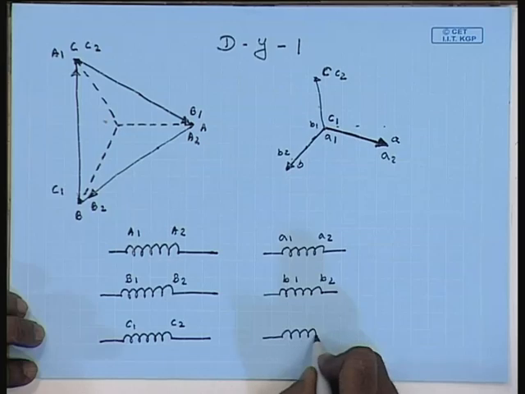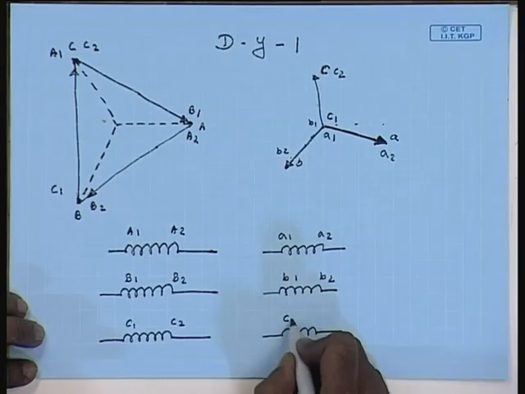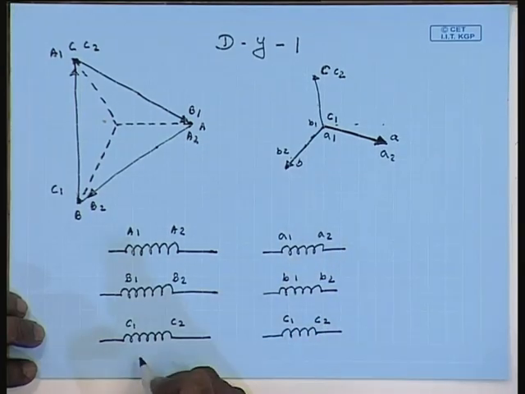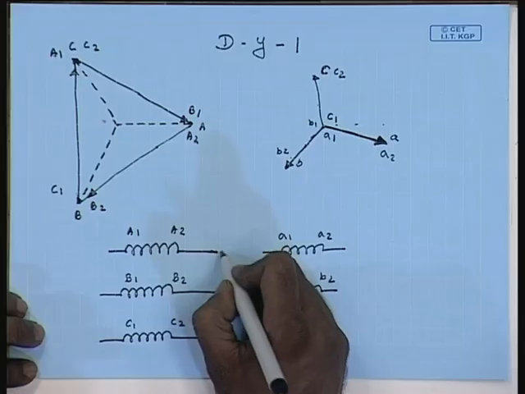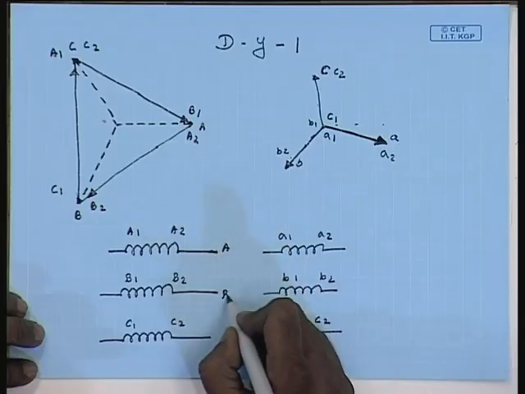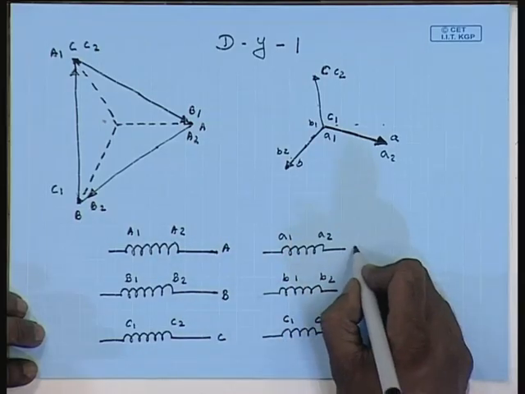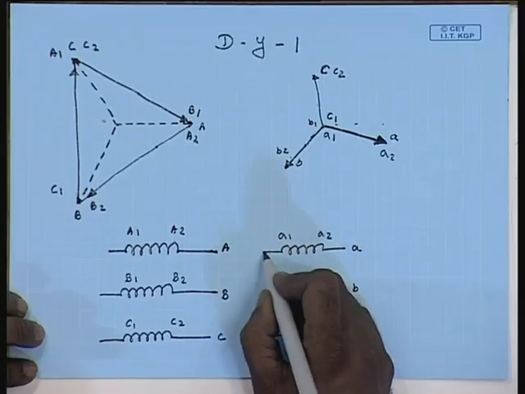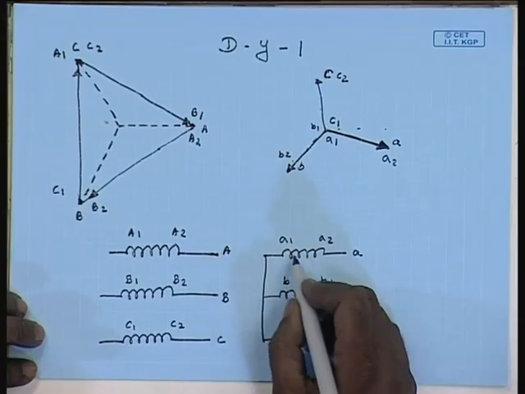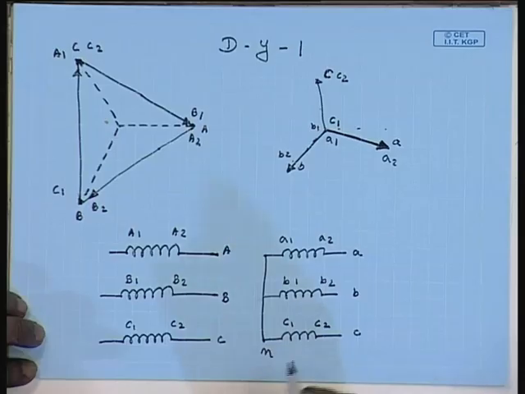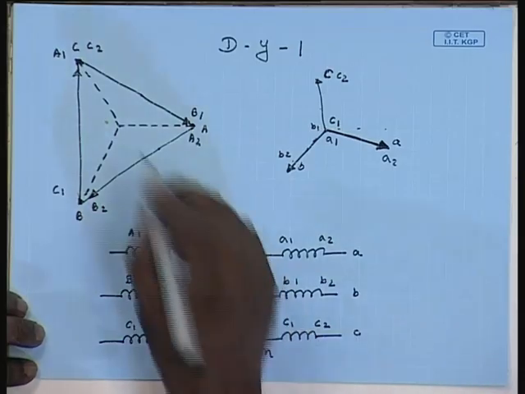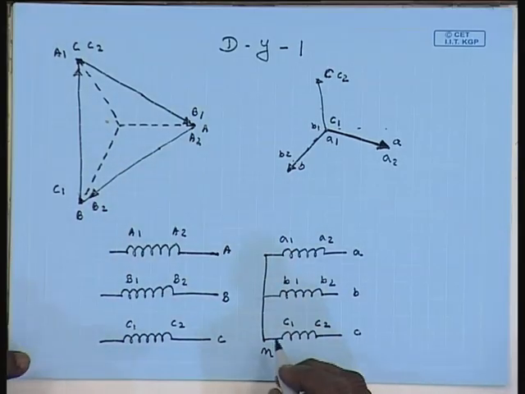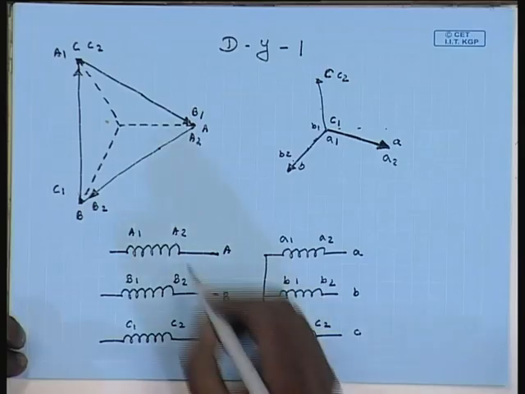this is C1, C2. These are the terminals A, B, C. These are the terminals small a, small b, small c. The neutral point is formed by connecting A1, B1, C1. This is N. On the delta side, now we see that the connections are slightly different.